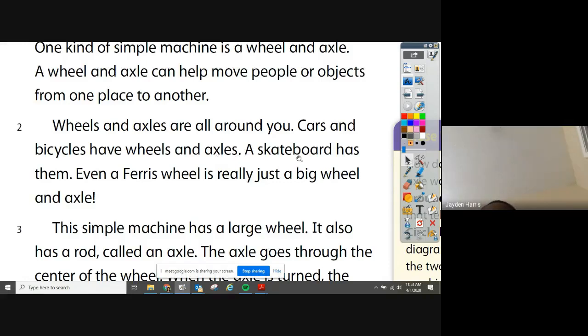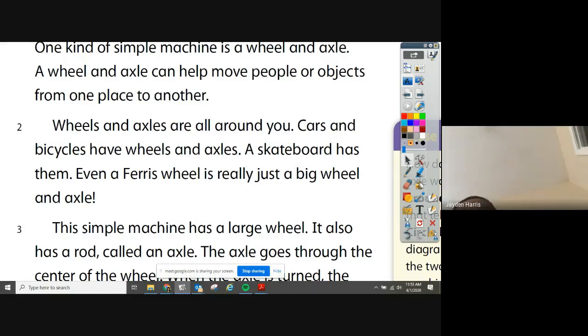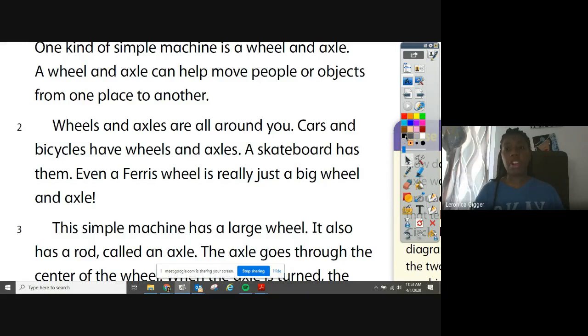A skateboard has them. Even a Ferris wheel is really just a big wheel and axle. All right, so what words in there refer to a who, a person? The word you. You refers to a person. Very good. So that answers the who.